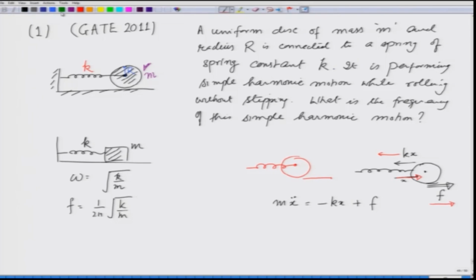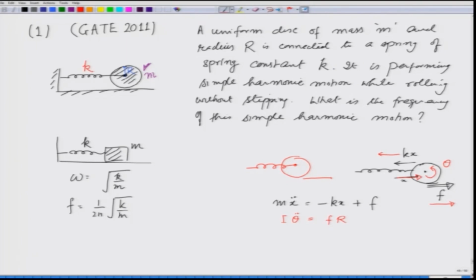At the same time, I have the rolling equation, that is I theta double dot is equal to f r. Now, we have to be careful in this case in fixing the directions. The way I have written it, the theta has a sense of going counterclockwise, right. That is how f r is going to give me that kind of torque that I have written.